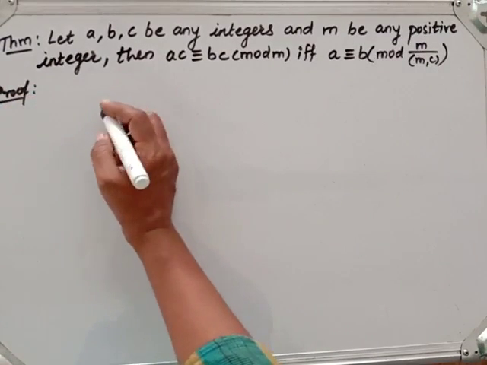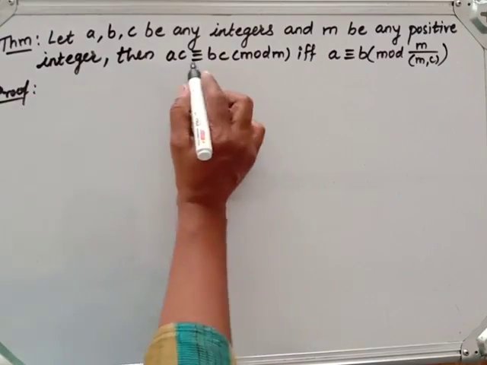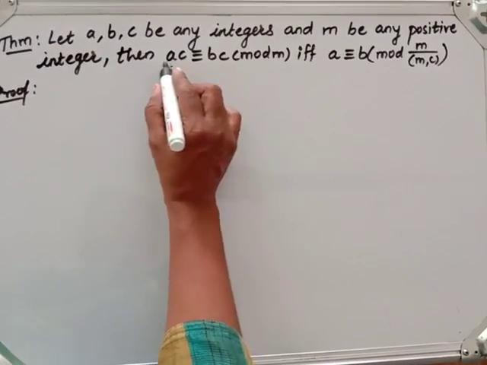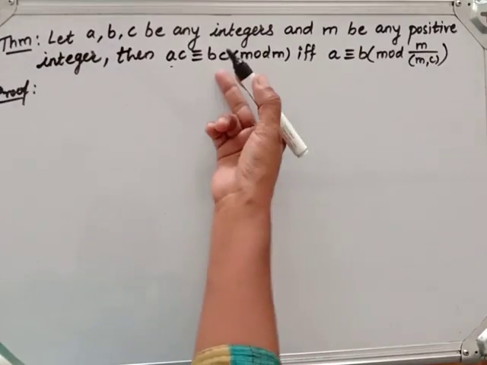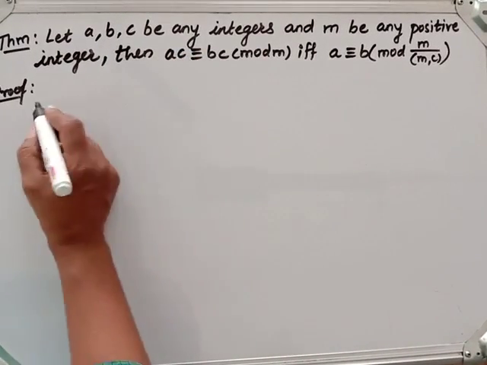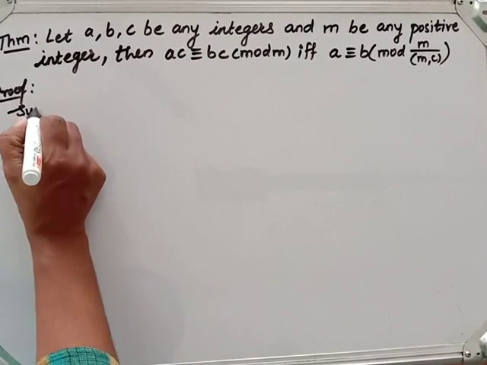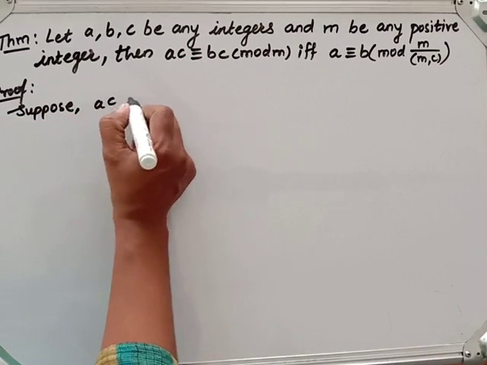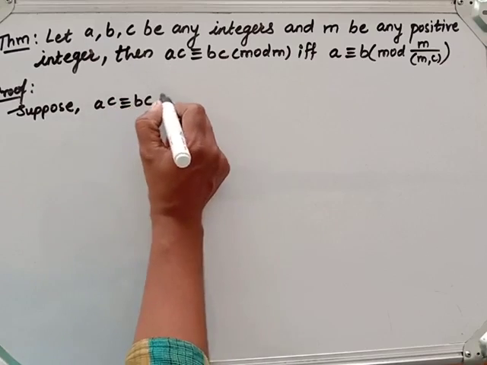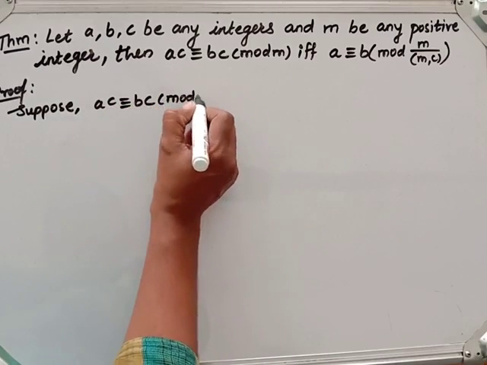So first of all, this part is given and we have to prove this other part. Suppose ac is congruent to bc modulo m.